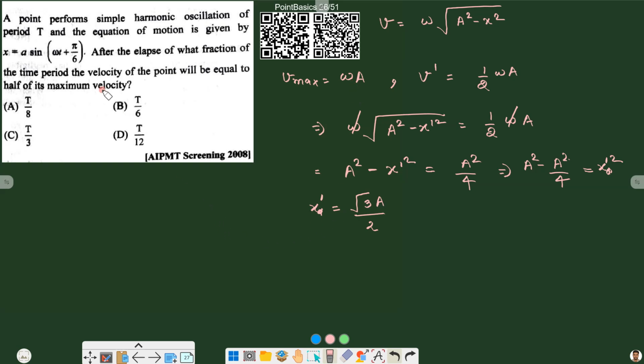Now using this equation, x is equal to a sine omega t plus pi by 6.